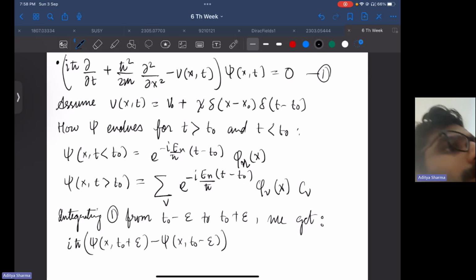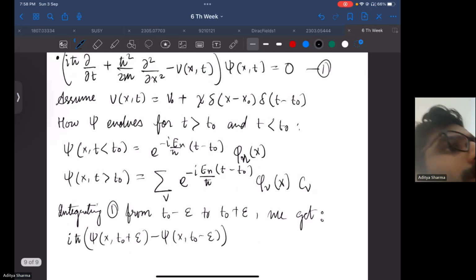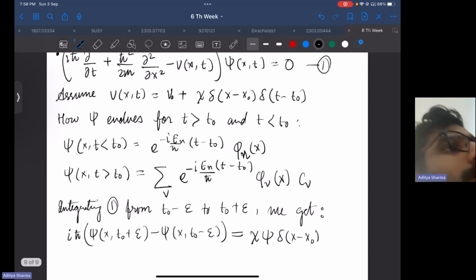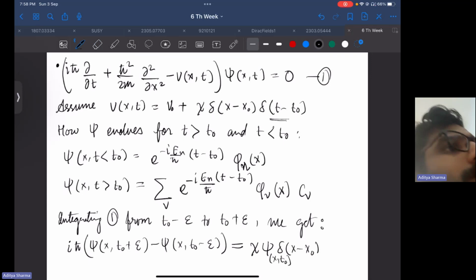And in the V part, we will have this equal to phi of psi delta of x minus x naught, and this is psi of x comma t naught, because the Dirac delta function gets integrated.